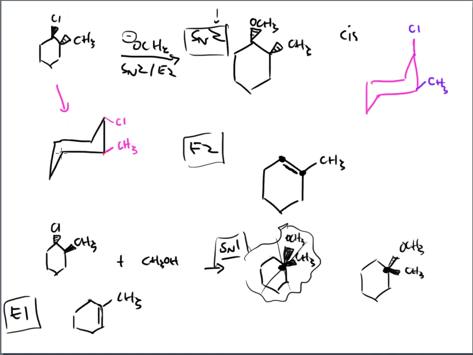We went with this ring system, and I drew the ring with the chlorine on equatorial, because we said this is the most stable. That's why we gravitated toward this. Well, if this was the case, folks, this elimination reaction actually would not happen.